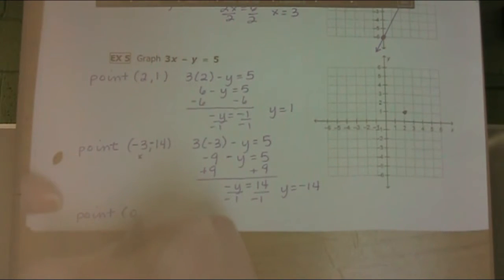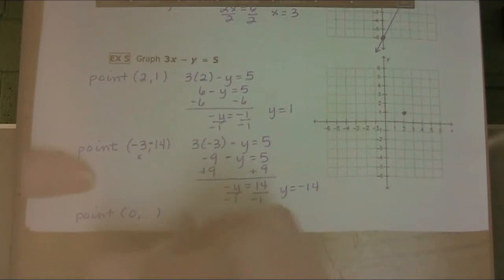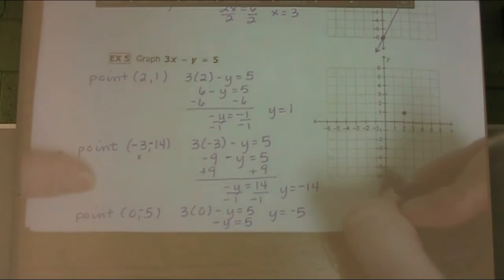So 0, comma, a number. And I have 3 times 0 minus y equals 5, which gives me negative y equals 5. Divide both sides by negative 1, and I have y equals negative 5. So 0, negative 5, and that is on my graph, which is so much easier to work with.